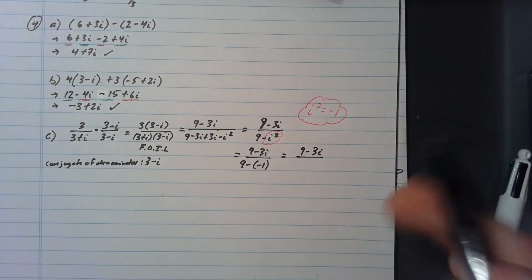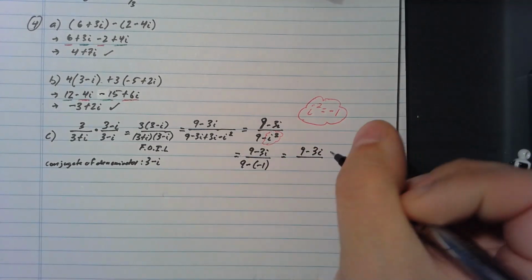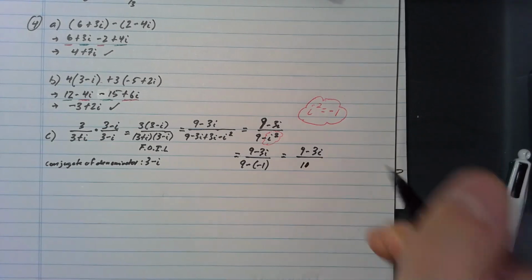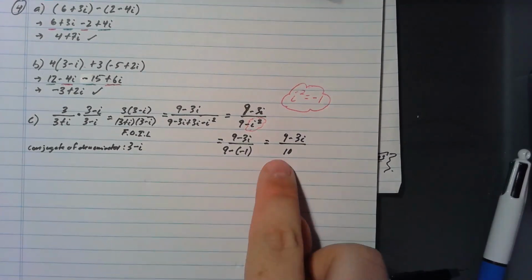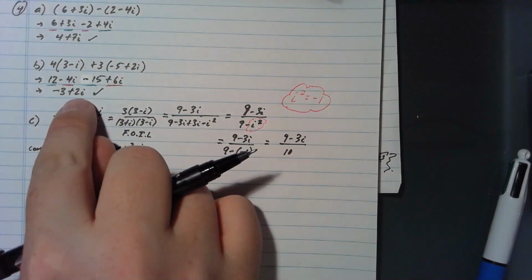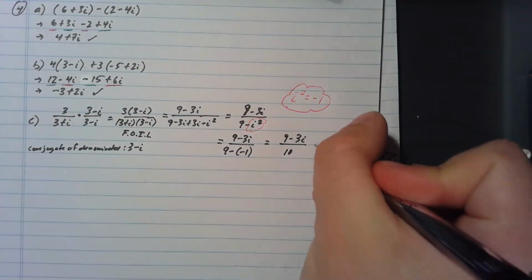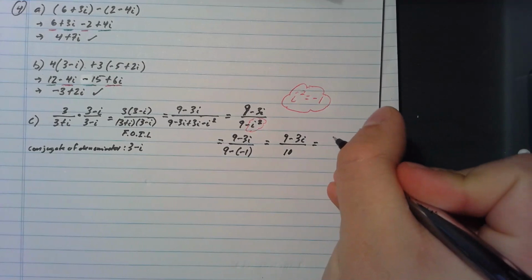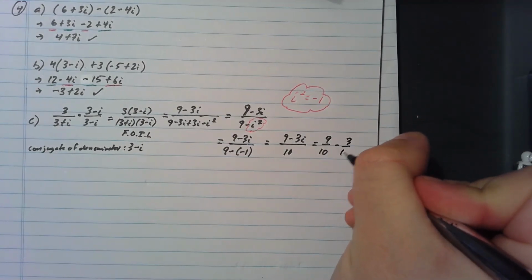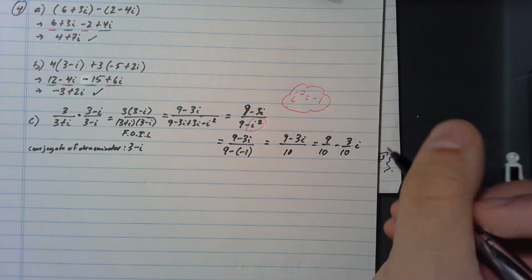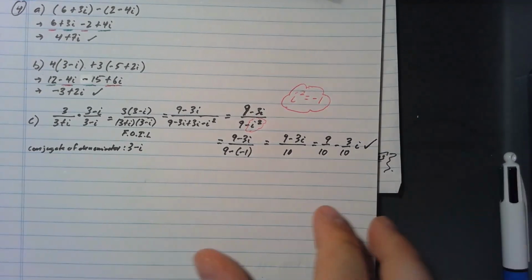The denominator becomes 9 minus negative 1, which is 9 plus 1, which is 10. And now if I break this up, I could write it in the traditional standard form. So I could write that as 9/10 minus 3/10 i. And that is in standard form.